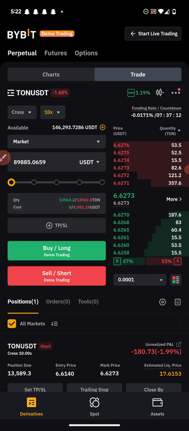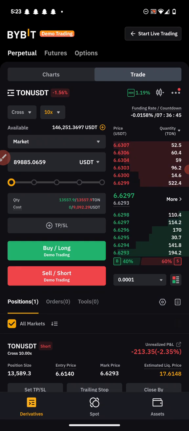Now the difference is this: which one is more safer, cross or isolated? Me, if it were to be my own understanding, I prefer to use cross because cross is more safer. Now if you are using isolated, your liquidation price tends to be more closer.